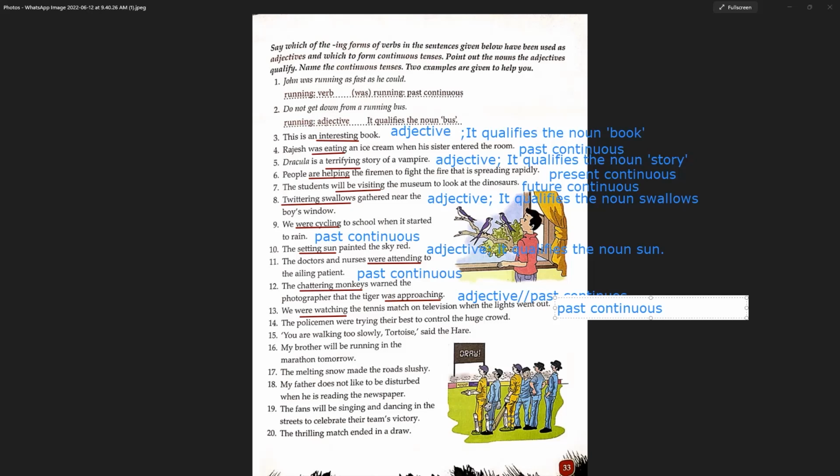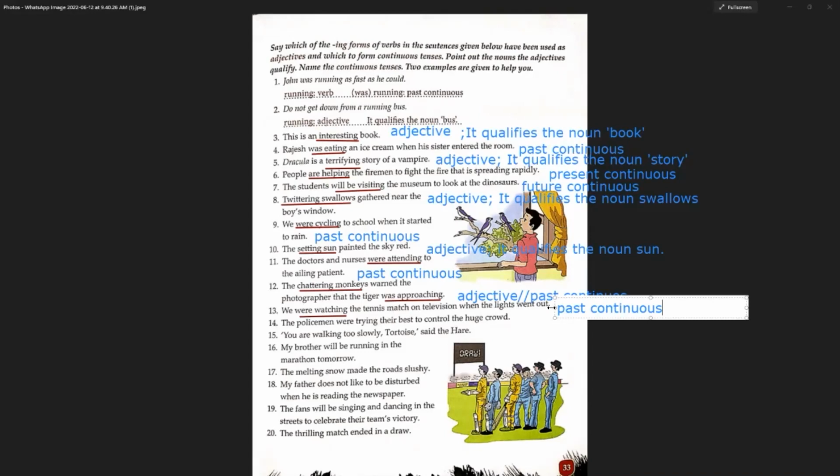Future continuous? Past continuous. Exactly. How do you know that is not future but past? Because there is were. What is were there? Is it a main verb or a helping verb? Helping verb. Exactly. So these helping verbs like was, were, am, is, are, they help us to identify the tense.